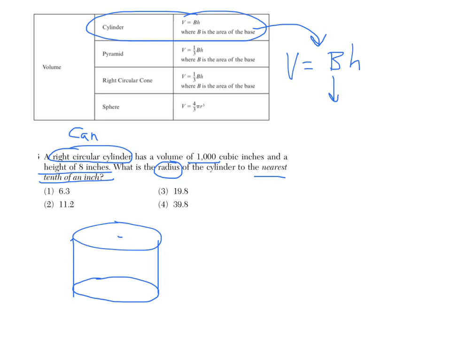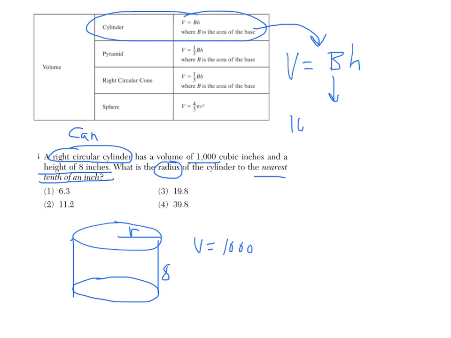It looks like an oval when I draw it in 3 dimensions, but that's just to make it look like it is a 3D picture. And you don't have 3D glasses, so it's the next best thing, I guess. So the volume's 1,000. They're telling us that. The radius is unknown. The height is 8. We have to put that all together into our formula to figure out what the radius is going to be.